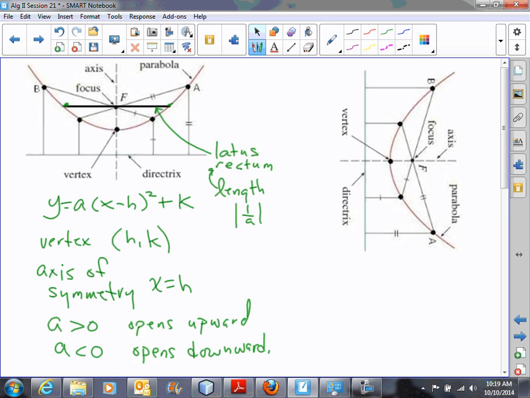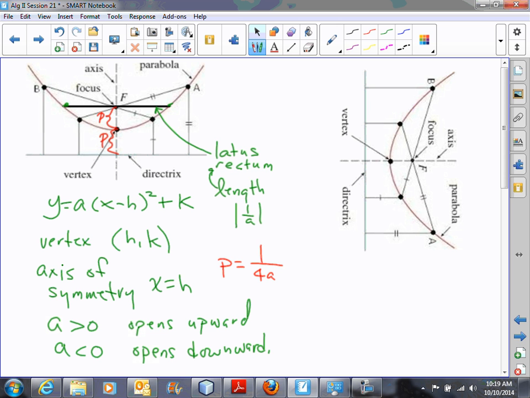Now, is there anything else that we need to do about the quadratic function? Oh, yes. Remember I mentioned that p was the distance from the vertex to the focus. It's also the distance from the directrix to the vertex. p is going to be equal to 1 over 4a.